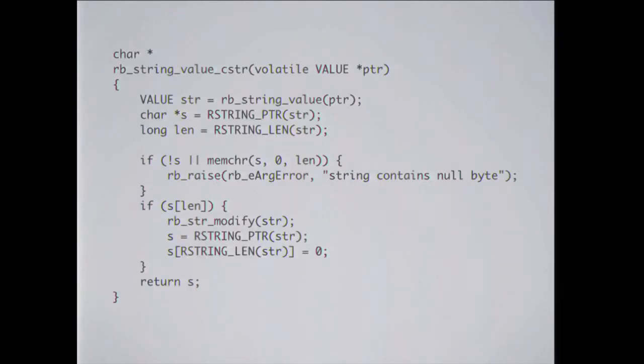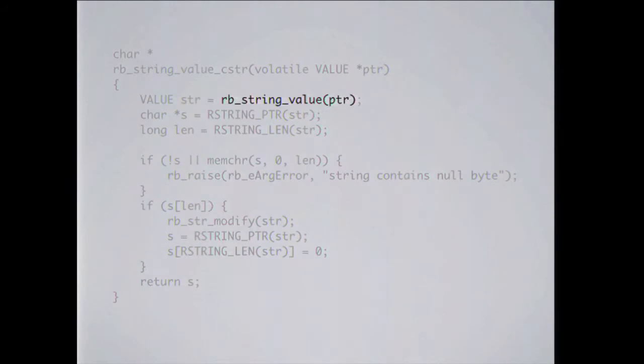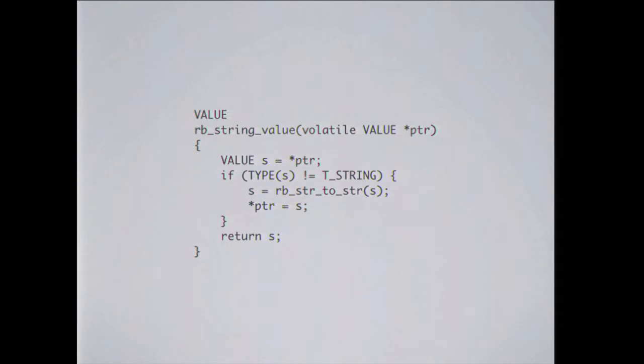It converts the object you pass it to a string and then does some basic checking. So if the string contains a null byte, then it'll raise an exception. Otherwise, it'll do some fix-ups, it'll actually append the null byte on the end to make it a valid C string, and it'll return it. So if we look into this rb_string_value call a little more, we see that it looks a little bit like this.